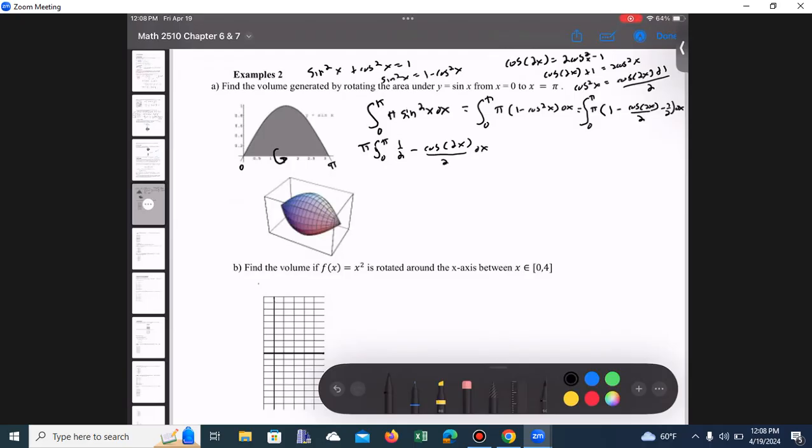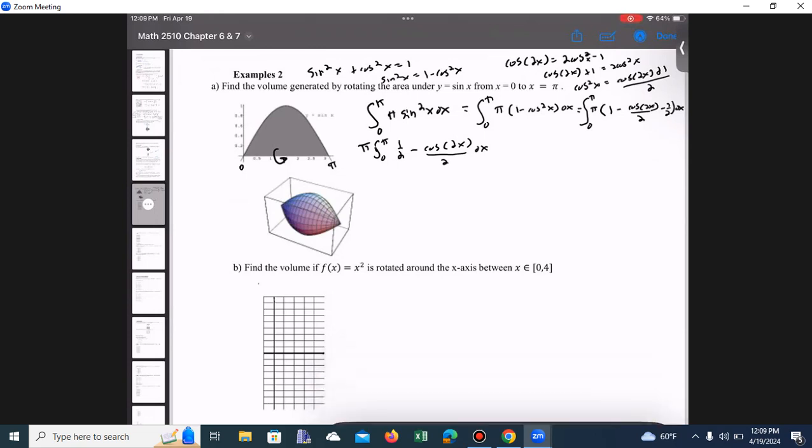Alright, now we can integrate this. When we integrate this, we want to make sure that we take into account that it's a 2x and not an x.